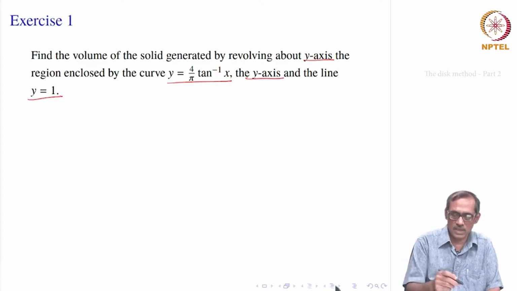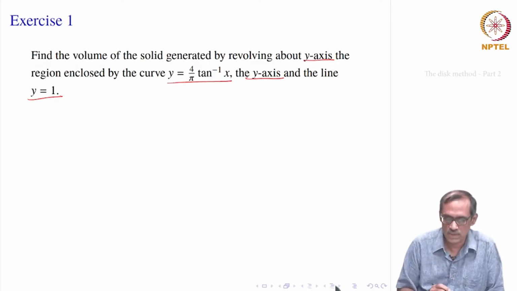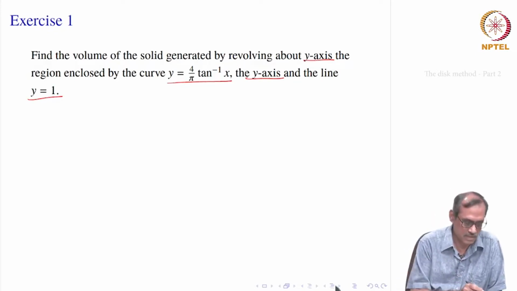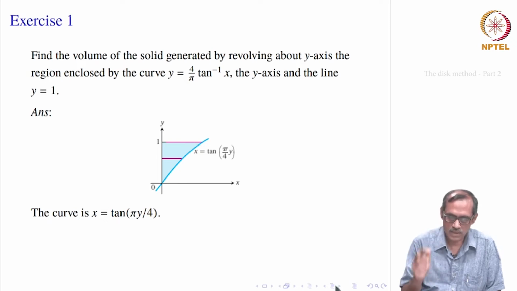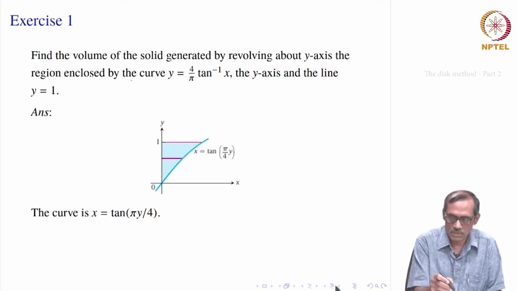So, everything is given in terms of y, only the curve is given with y as a function of x. That should not be a problem. So, we can write x equal to tan of pi by 4 y instead of y equal to 4 by pi tan inverse x. So, now everything is expressed in terms of y, x is a function of y.